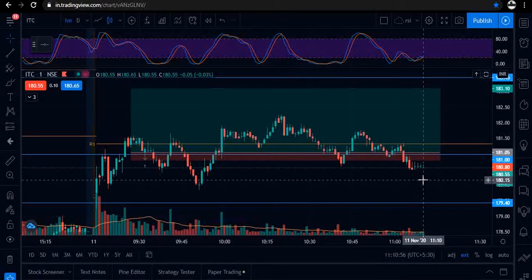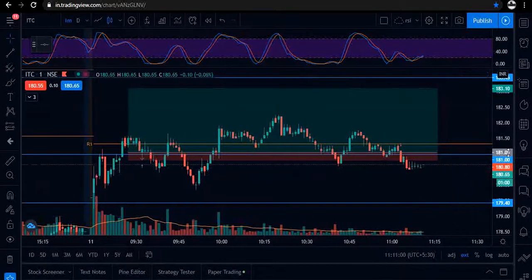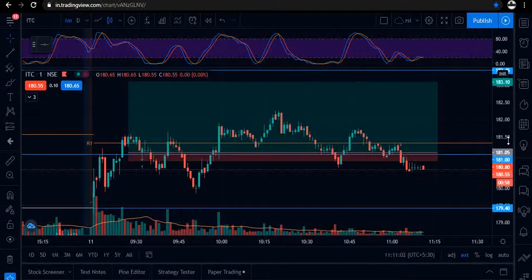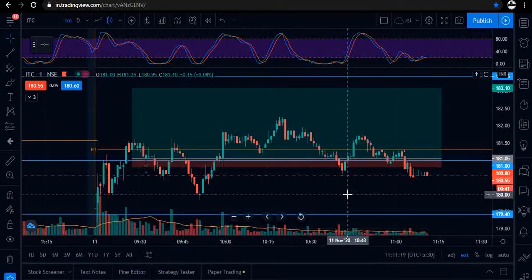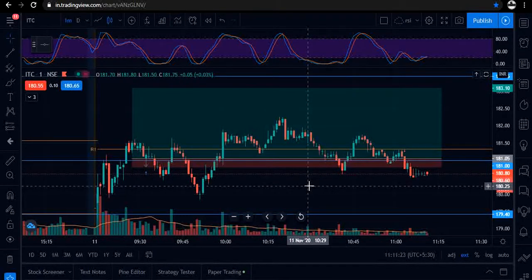But the positive thing which we did today is that we booked a loss which was very small, and that's okay. Tomorrow or the day after tomorrow we will cover that small loss. There is no problem, and being a trader we have to accept these small losses. What we are doing, traders, is protecting our capital, which is the main thing we have to do.